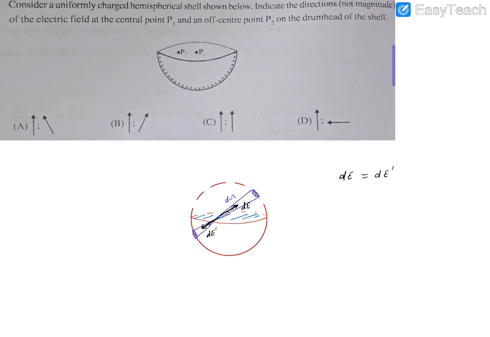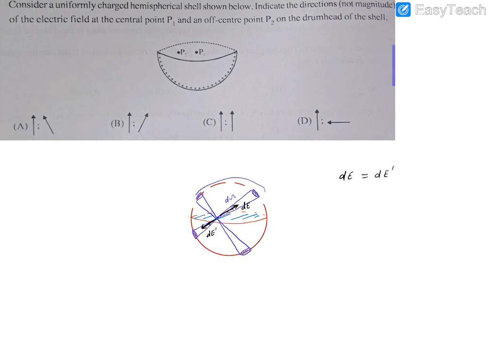Now symmetrically we can take another solid angle in a very similar fashion, maybe like this, and extending the same thing in this direction. What we are doing is trying to create a symmetry.